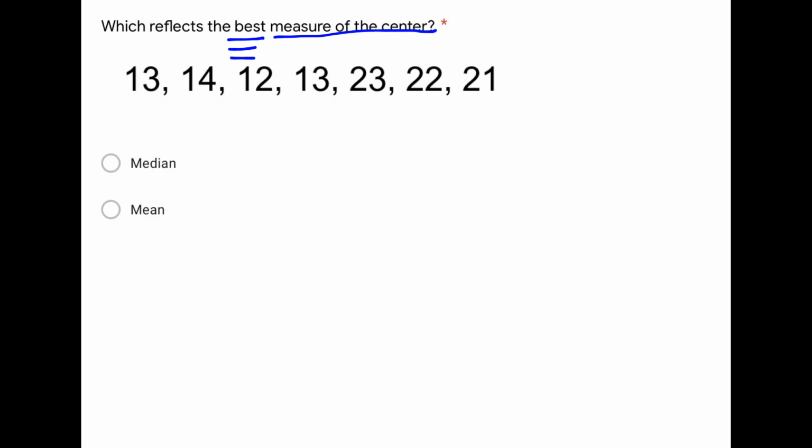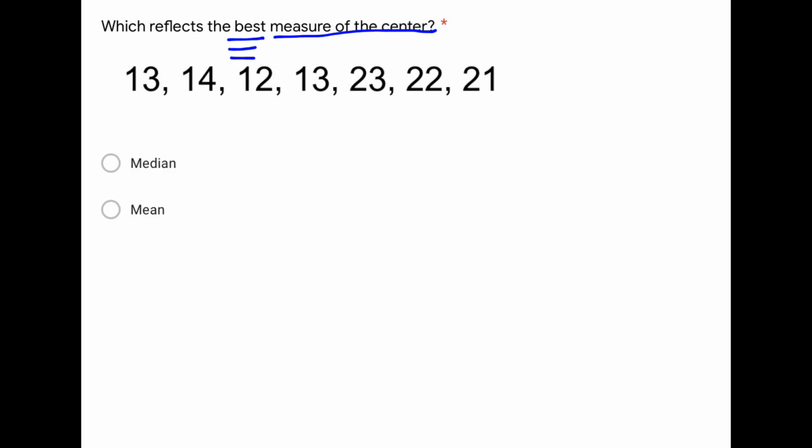So in this data set where we just found our median and we found our mean, which one reflects the best center of measure of center? If you recall from our lesson, we like median the best.